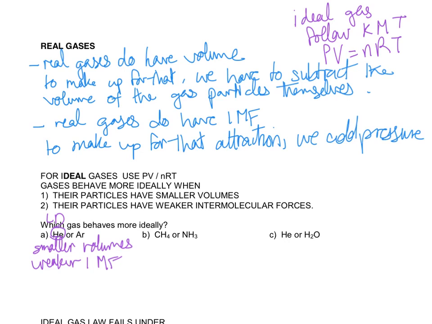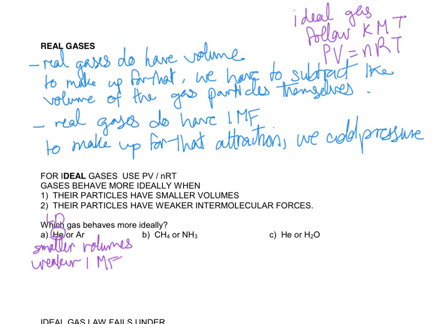Also, NH3 has 3 hydrogens, whereas CH4 has obviously 4 hydrogens, and so having 3 hydrogens is a little bit smaller than having 4 hydrogens, and so overall, NH3 is a tiny bit smaller in volume than CH4. However, they're pretty close. They're not very far apart in their volume.